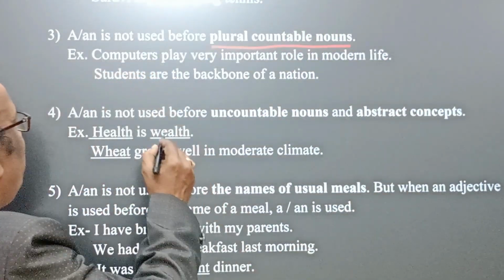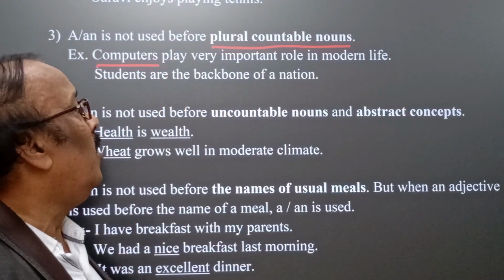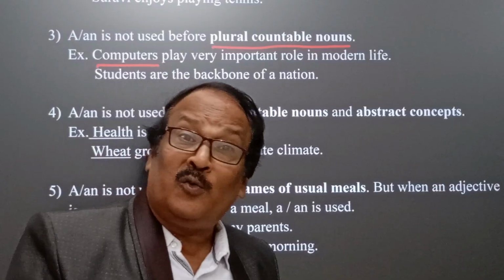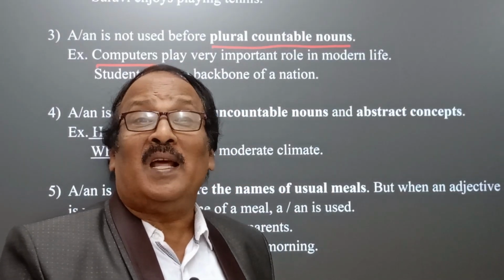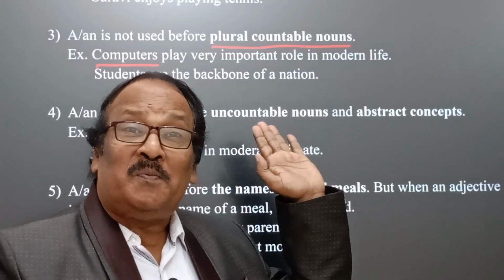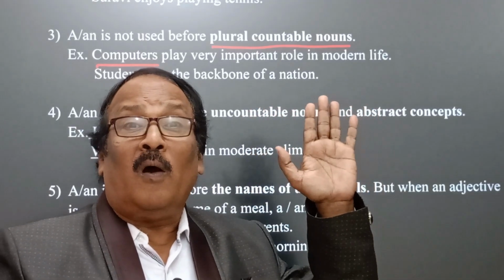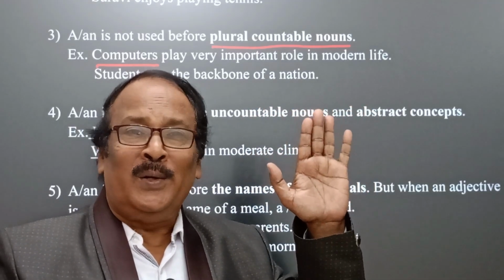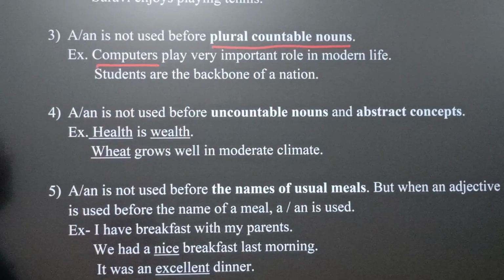And here we find computers, okay, play a very important role in modern life. Actually, in the day of globalization, industrialization, urbanization, computers play a very dynamic role, and it is therefore a very important asset for modern man. Okay, and therefore the sentence is correct.